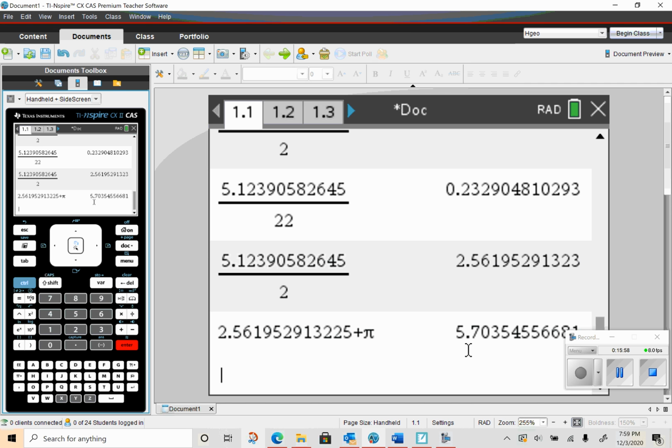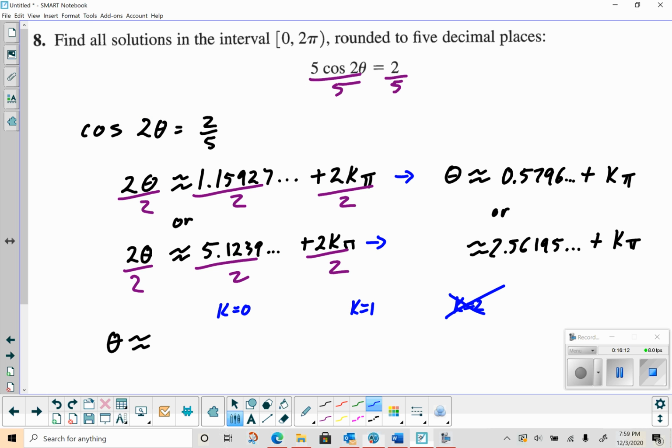So 5.7035. Oh, that was close. That has to be rounded up to 5.70355. And that actually is going to turn out to be the biggest, the last of my answers.